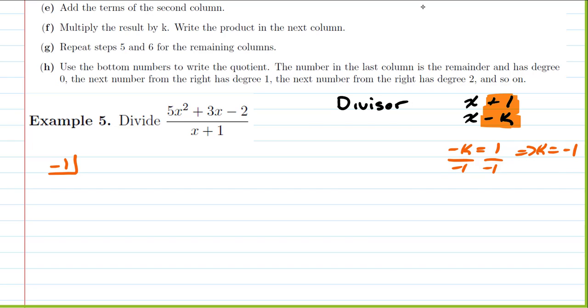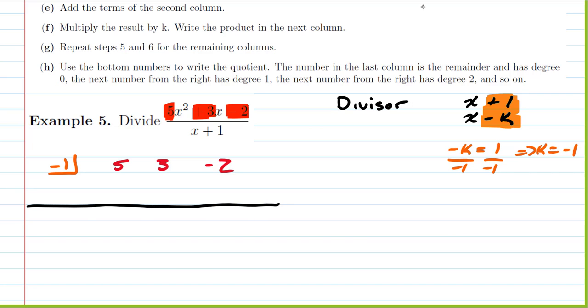We're going to complete our first column by adding only the coefficients from this. So we have 5, 3, and negative 2. We'll then put our line here.